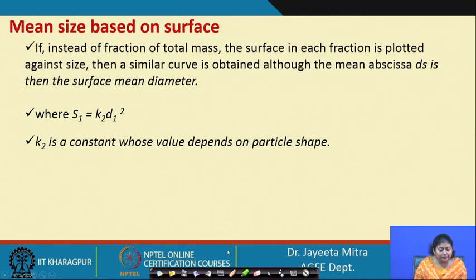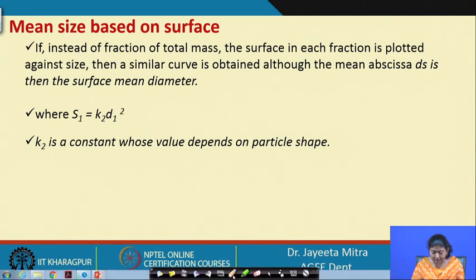Now, if instead of the fraction of the total mass, the surface area in each fraction is plotted against the size. If you remember, we plotted this for a particular size d, with the cumulative mass fraction taken as x.